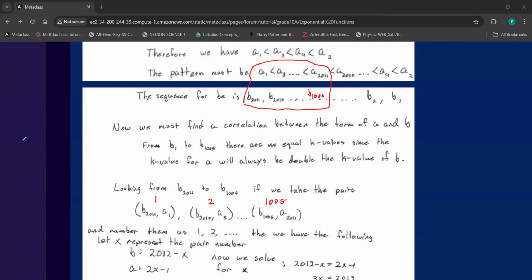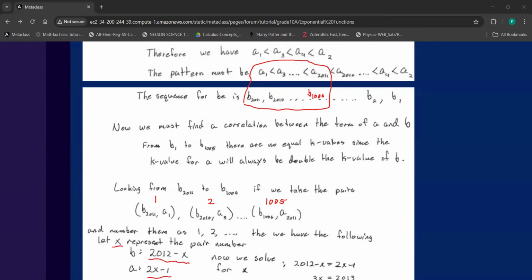Then we let x represent the pair number. So the term number, once you fiddle around with it, you get B is 2012 minus x, and A is 2x minus 1.